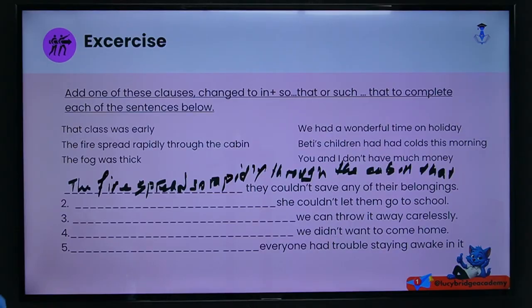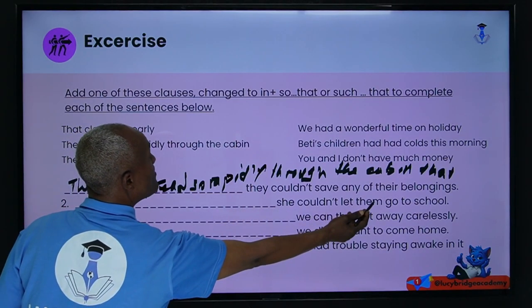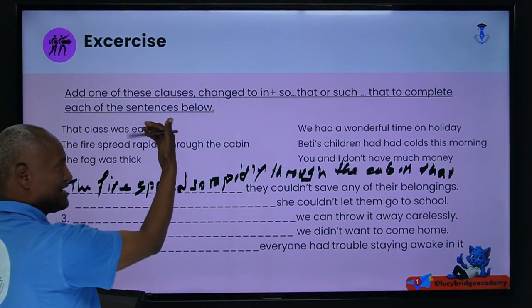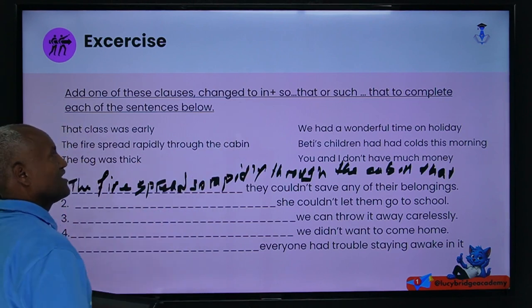Another for this one, for instance, she couldn't let them go to school. From these six, or else the left five, which one is appropriate to complete this one with this structure?